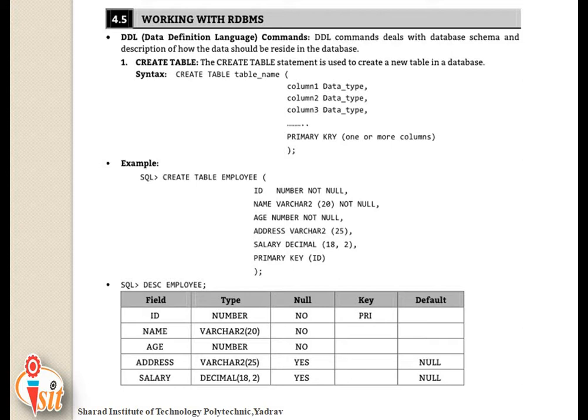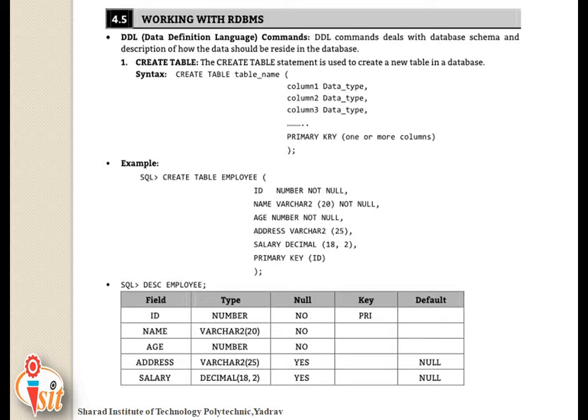Here you can see the example of how the table employee is created. SQL, create table. What is the table name? Employee. Then in brackets write the different columns. What are the different columns of table employee?